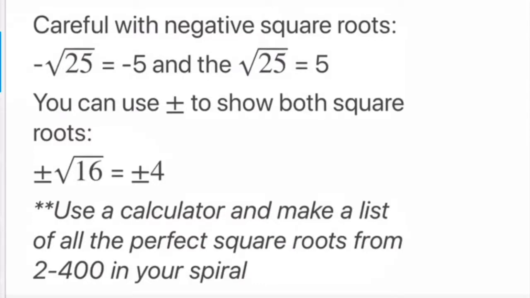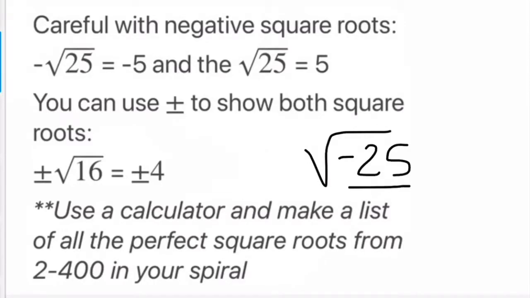You're always going to have 2 positives or 2 negatives, so your answer is always positive, which means you cannot find the square root of -25. You cannot put a negative number inside of your square root sign because you can't find this square root. There's no squared number that will give you the answer of -25.